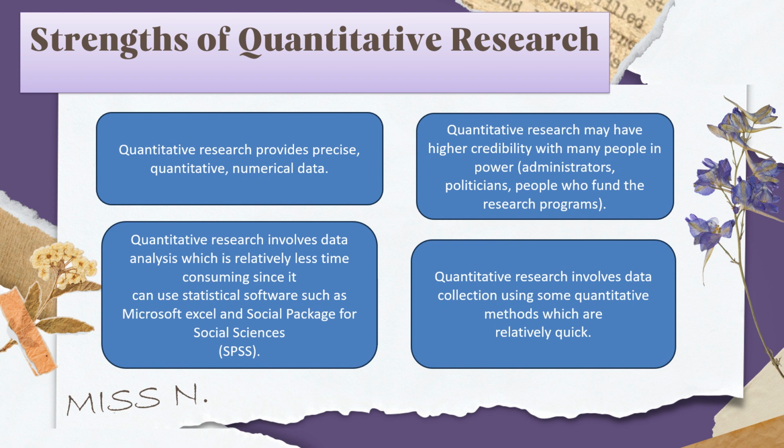Collection of quantitative data only requires 1 to 2 settings. First, the setting involves the orientation on the objectives of the study as well as the distribution of the research instrument, or the distribution of your research questionnaire, to your respondents. After 1 hour of answering, the research instrument can be retrieved.